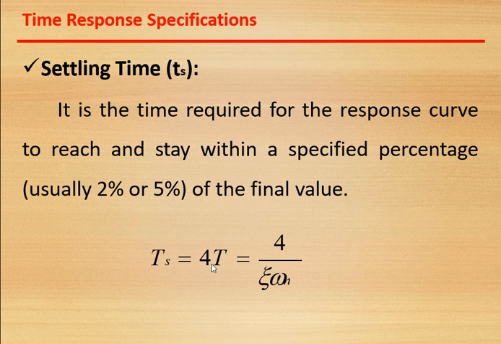So TS is considered as 4T, and here it is denoted by 4 divided by zeta omega n. So 4T is the standard value considered for settling time. You can refer to the graph we saw in first order system analysis. With 4T we are considering the value we get in a 2% band, or a 2 to 5% band.